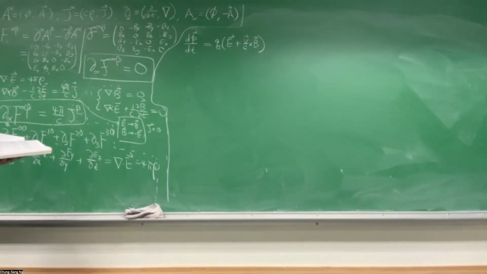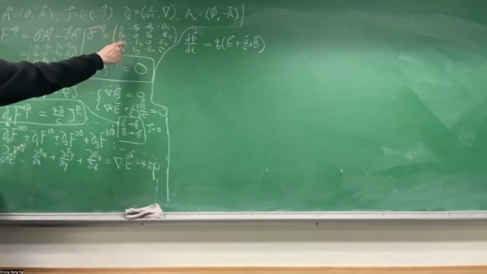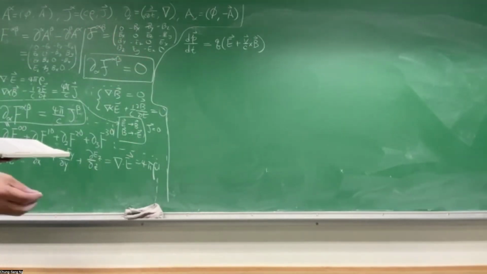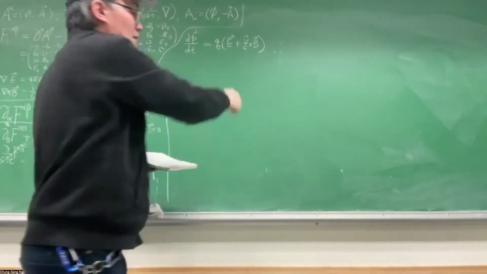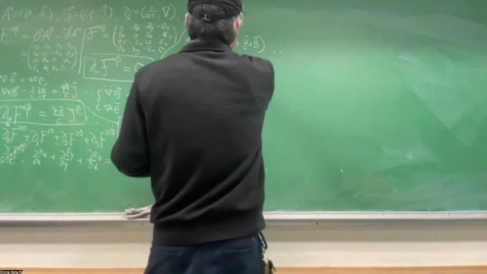There's one more property that I mentioned from Jackson in this section, which is that charge is invariant. Whatever frame you measure the charge in, given a charge density, it's the same. It's a little bit related, but not exactly, because we have a charge also.